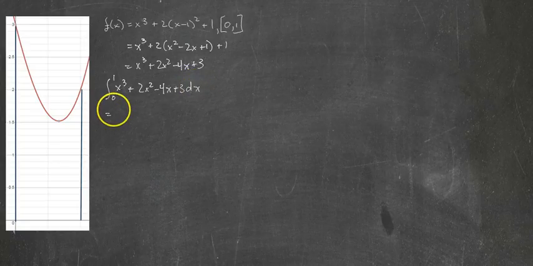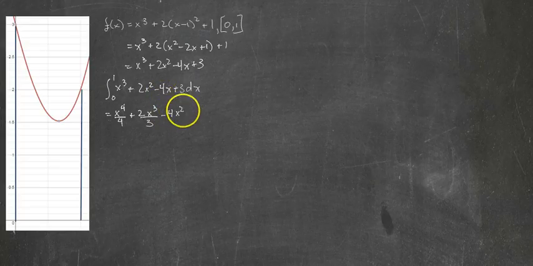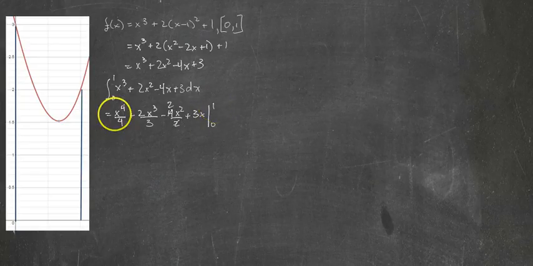And that equals x to the 4th over 4 plus 2 times x cubed over 3 minus 4 times x squared over 2, so this is just a 2, plus 3x, which all still needs to be evaluated on the interval from 1 to 0. Well, when I put in zeros for all my x's, that's just going to be subtract 0, so all I have to do is plug in 1.